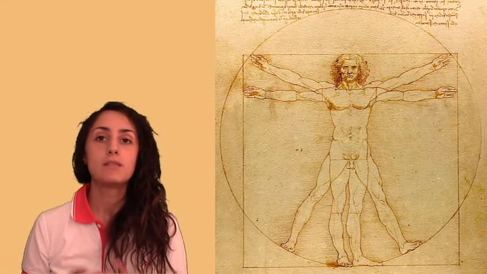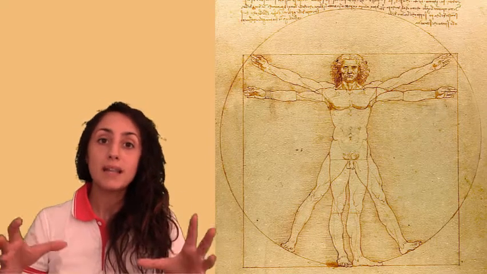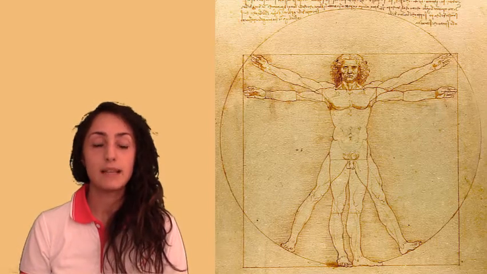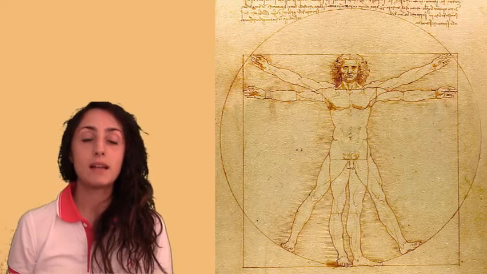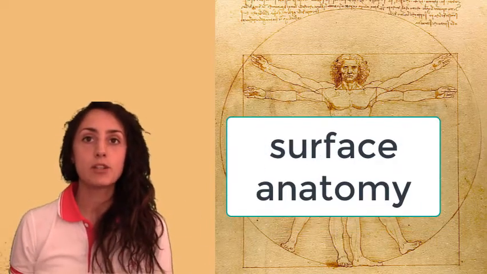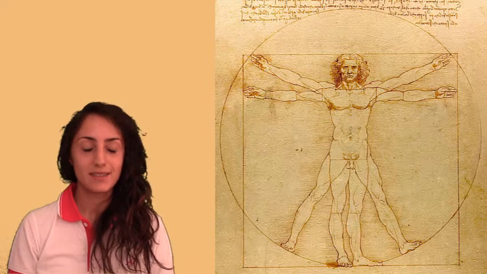So this regional anatomy studies our body structures gathered in a specific region, as I said before. The systemic anatomy that studies system by system. The surface anatomy that studies the internal body structures.